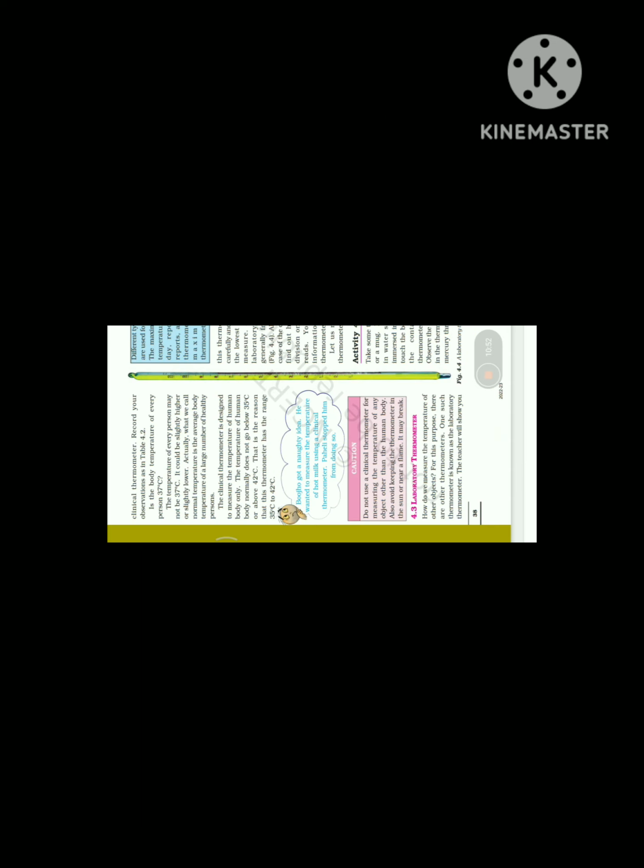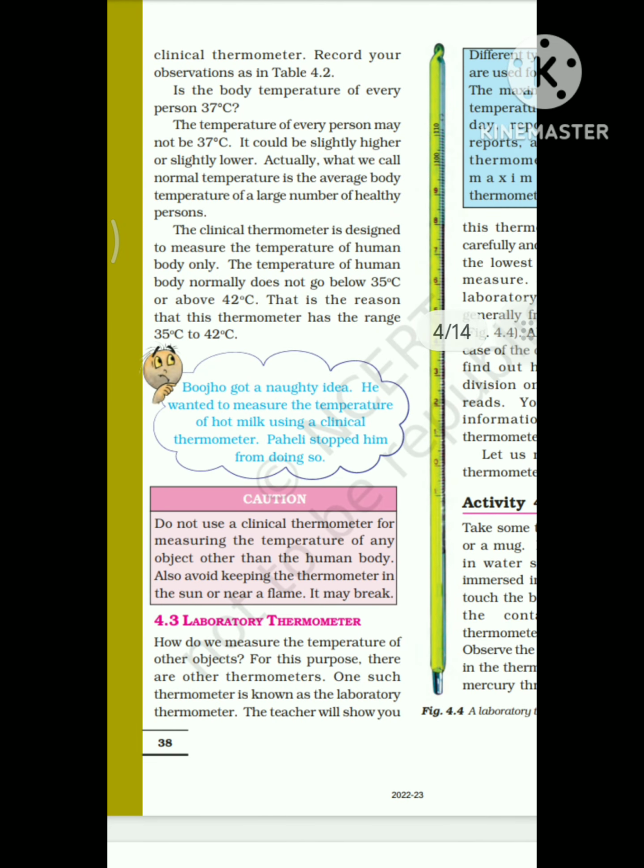So this is the scale of the thermometer, and if you measure a substance of, for example, 90 degrees Celsius, the thermometer can break. So for observing the temperature of any other object, we use the laboratory thermometer, which has a huge range of -10 degrees Celsius to 110 degrees Celsius.